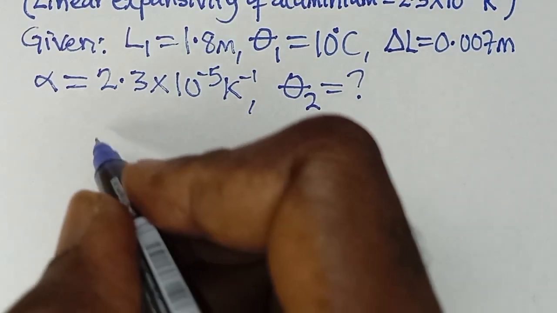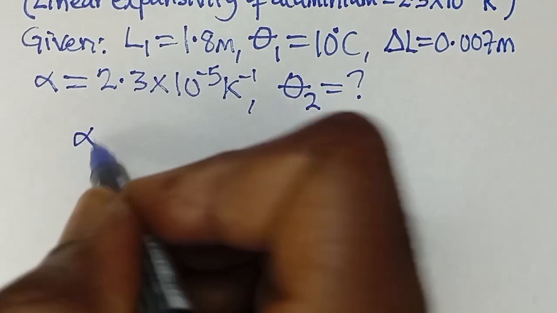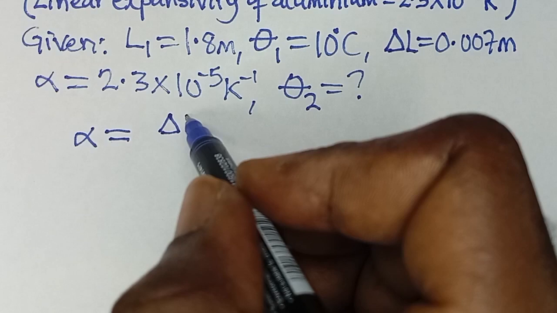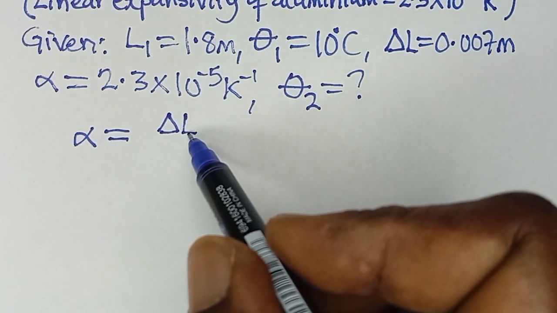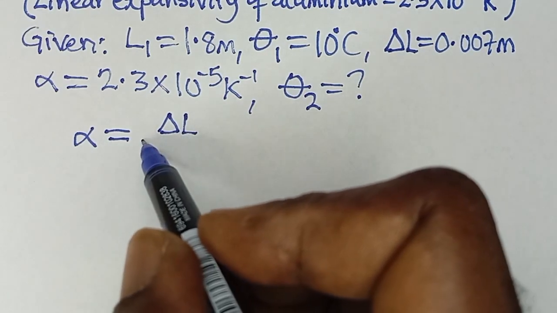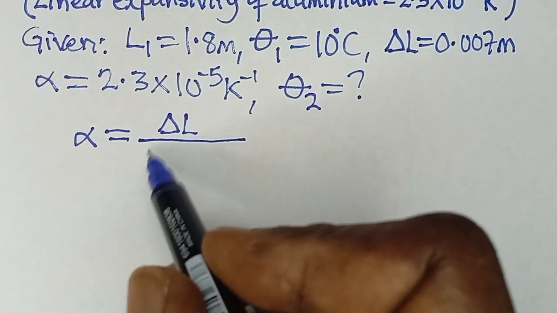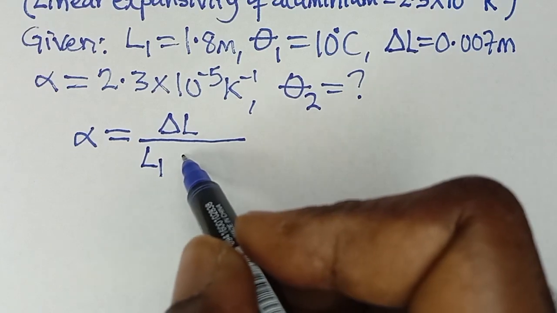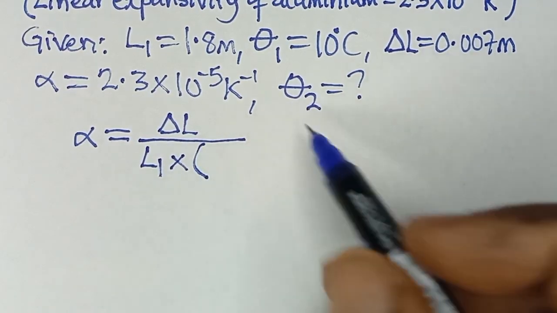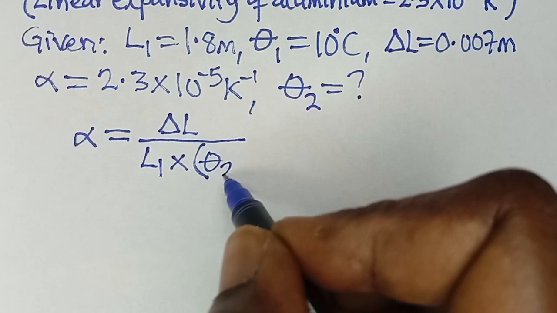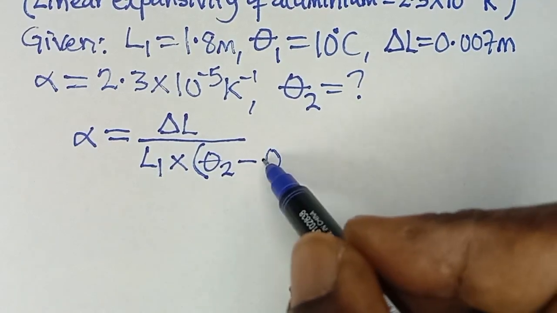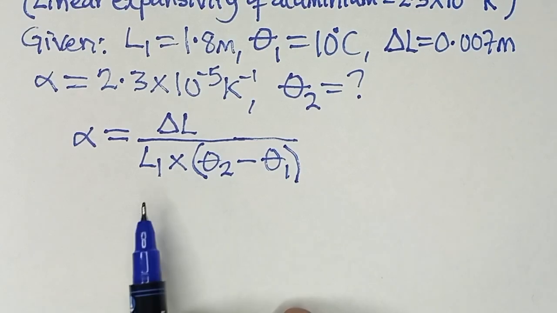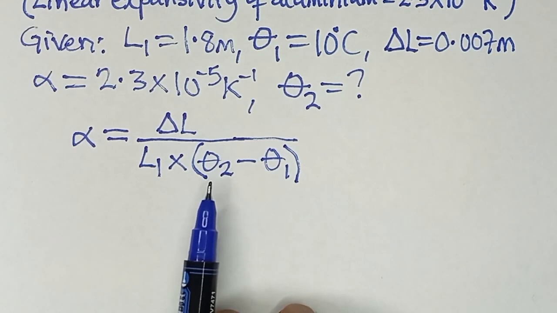So the formula for linear expansivity is equal to change in length, which can be represented as L2 minus L1, but we can simply write it as change in length all over the original length or the initial length, that is L1, multiplied by the temperature difference, which is theta 2 minus theta 1. That's the temperature difference. So this is the formula that we need to apply to carry out the calculation.